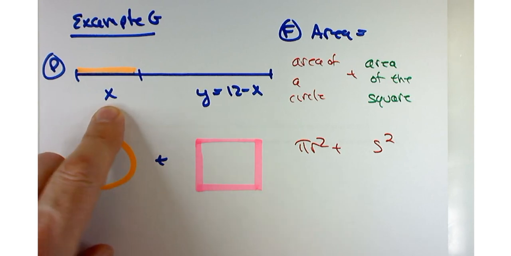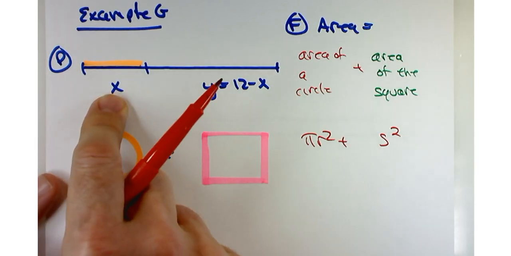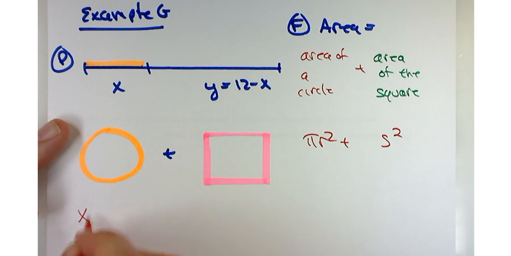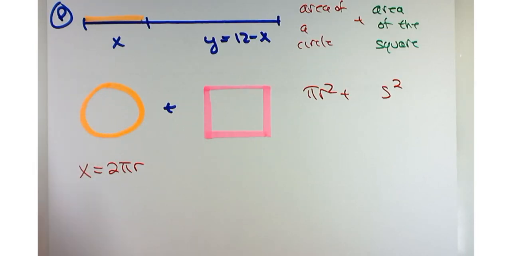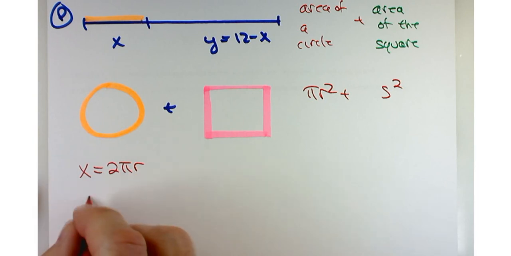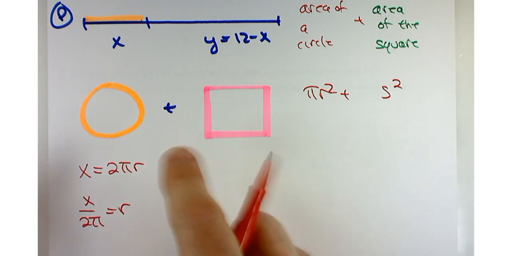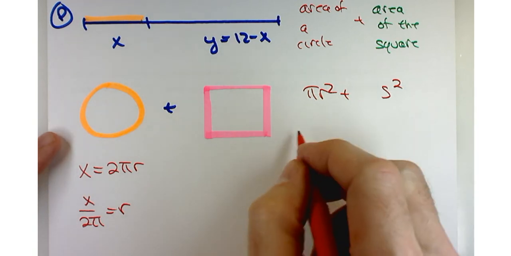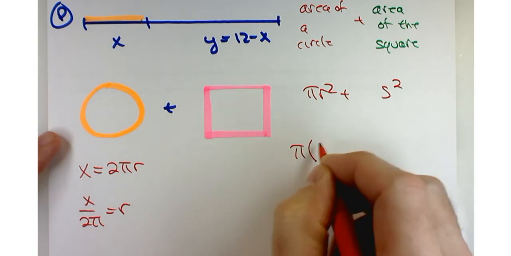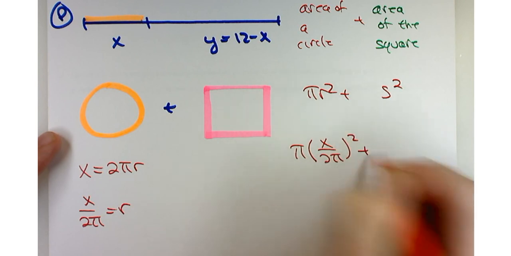Right now, I've got the circumference. So the circumference of that circle, which is X, is going to be 2 pi times R. So if I solve for R, I get X divided by 2 pi equals R. And I can plug that in here. It's going to be pi times X over 2 pi, squared.